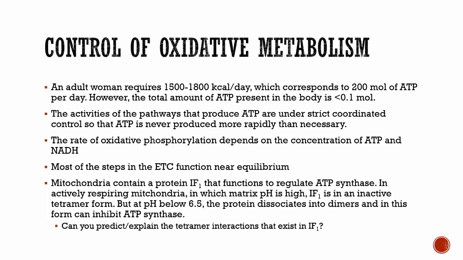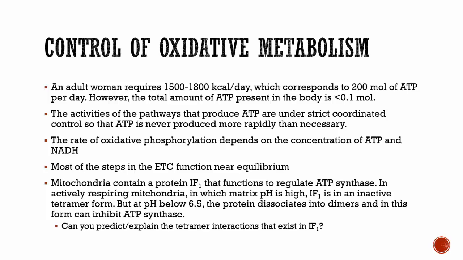In actively respiring mitochondria, in which the matrix pH is high because we have a low proton concentration, IF1 is an inactive tetramer form. But if the pH decreases below 6.5, the tetrameric protein dissociates into dimers, which can then bind and inhibit ATP synthase.